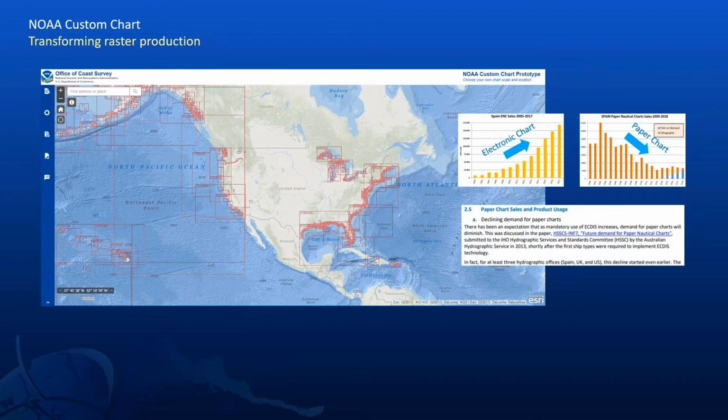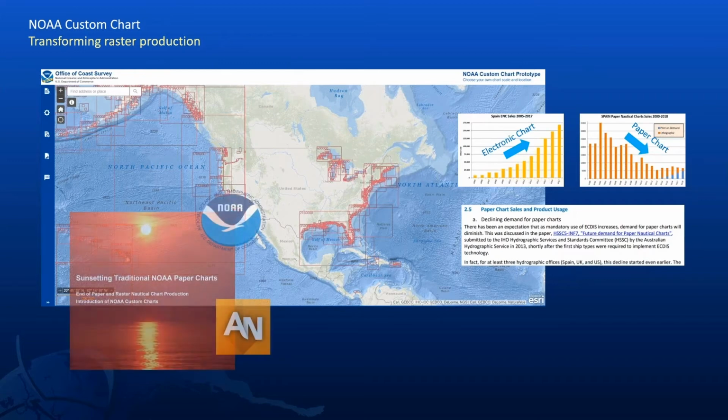The Future of Paper Chart document, published by the IHO's Nautical Chart Working Group, shows that the adoption of electronic charts is increasing dramatically, while the use of paper charts is decreasing. And as we all know, paper charts are significantly more time-consuming and expensive to maintain. Because of that, often the currency of these products tends to lag behind the electronic charts in many cases.